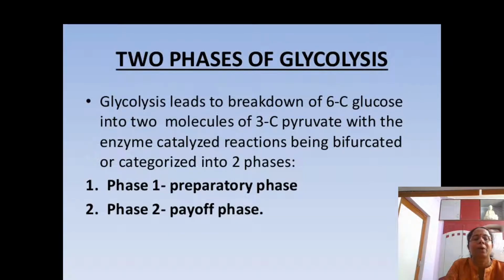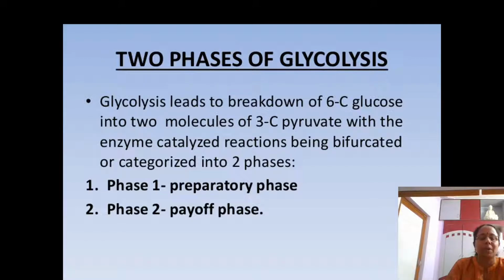Okay. Now, as I already mentioned, there are 2 phases. Glycolysis leads to the breakdown of a 6-carbon compound glucose into 2 molecules of 3-carbon compounds pyruvate, which is bifurcated into two phases.